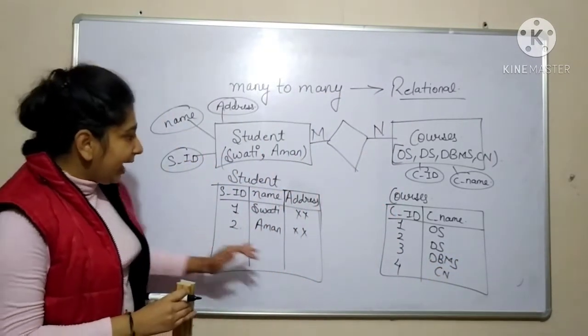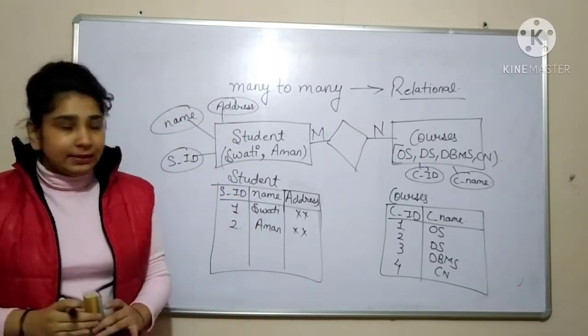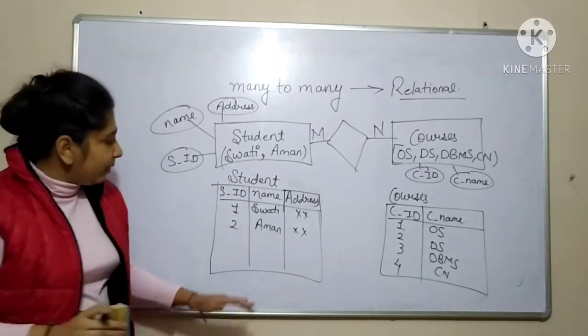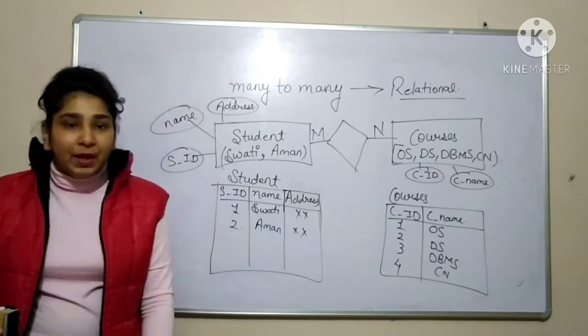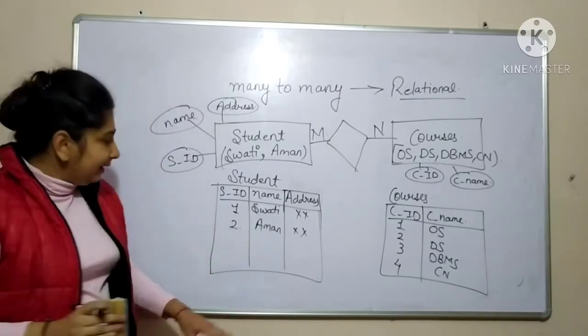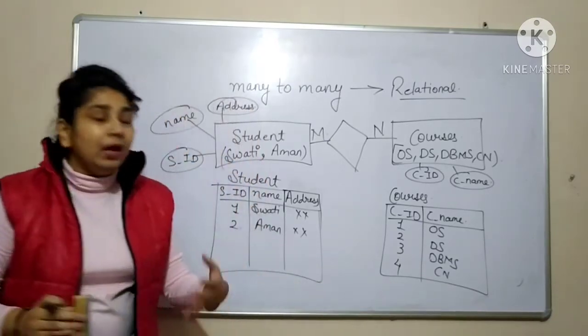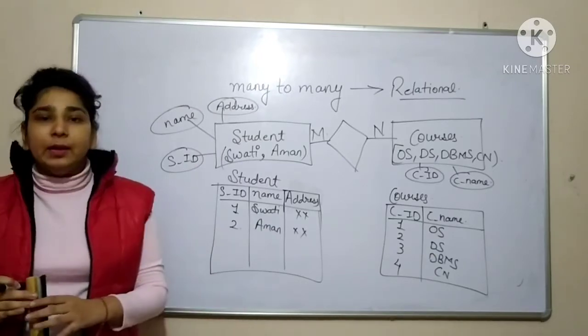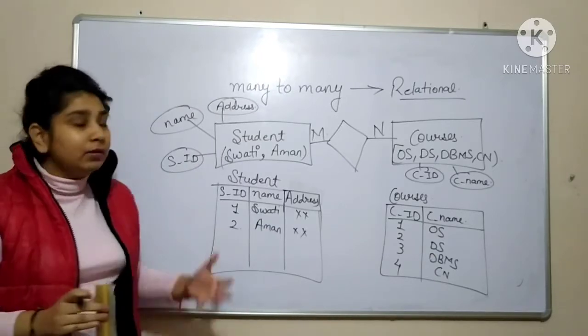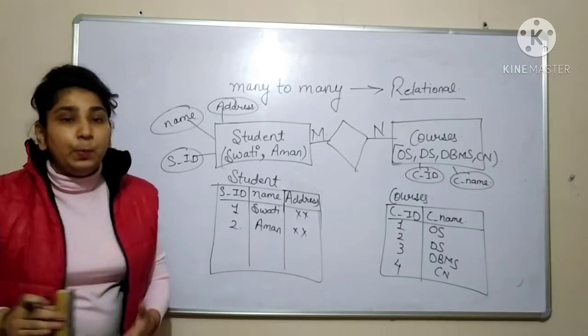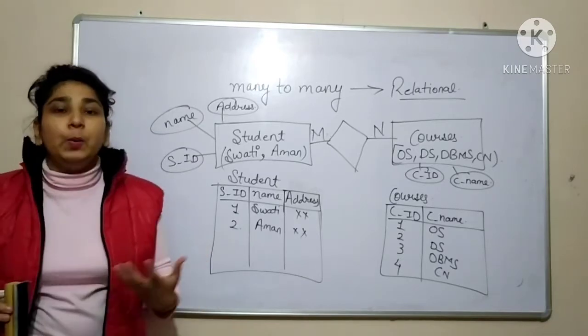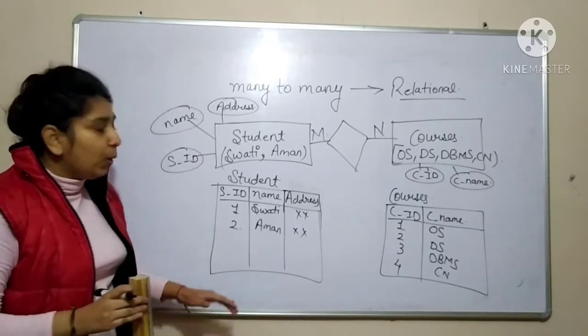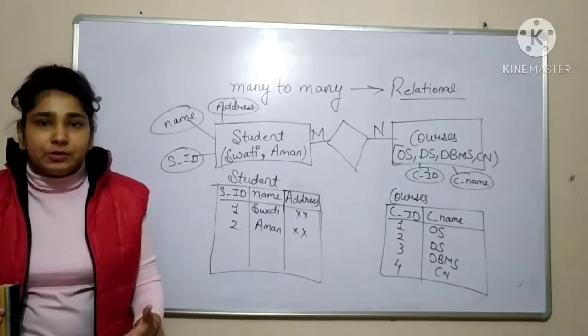So we have these 2 tables. Now, both these tables are independent. There is no kind of relationship between these 2 tables. We cannot determine which course is studied by which student. Till now, we don't have that knowledge.